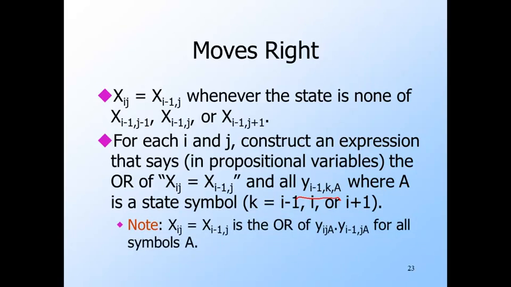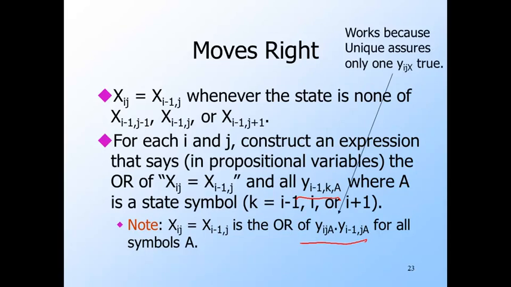Now we need to translate the equality of x sub ij and x sub i minus 1, j into propositional variables, but we just need the OR of y sub ija and y sub i minus 1, j, a, that's this, for all symbols a.